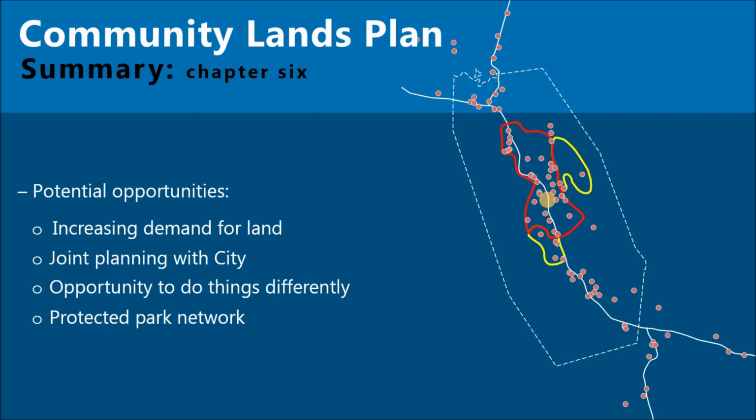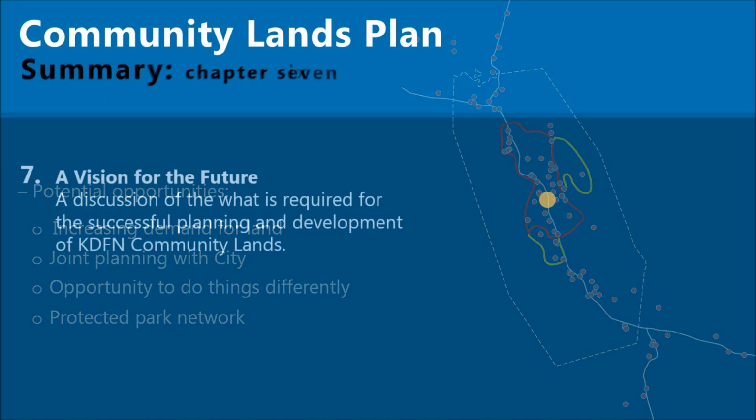And we can discuss opportunities for connecting ecologically significant areas throughout the city together through a corridor of lands that would be both city and Kwalendon lands working in cooperation to meet certain goals. So there are both opportunities on the development side and opportunities on the conservation side for Kwalendon. And all of this is discussed within Chapter 6 of the plan.